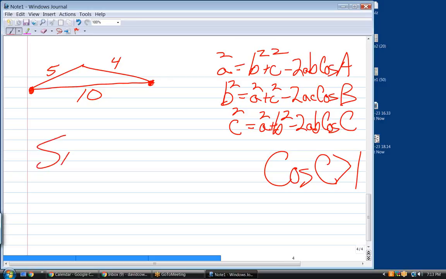It is impossible to have the sine of any angle be 1.1. So these impossible triangles you discover when you try to solve them. You end up with cosines, or in the case of the law of sines, sines that are equal to a number that is outside the possible range for sines and cosines.